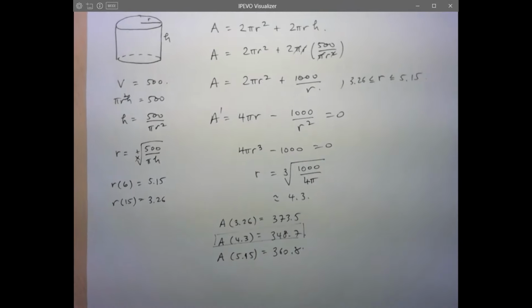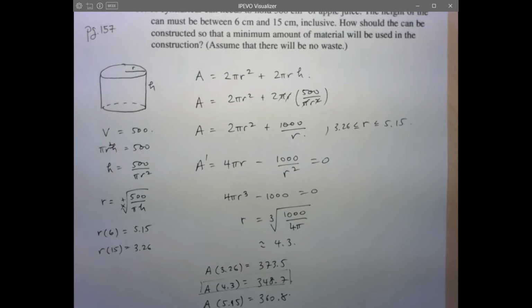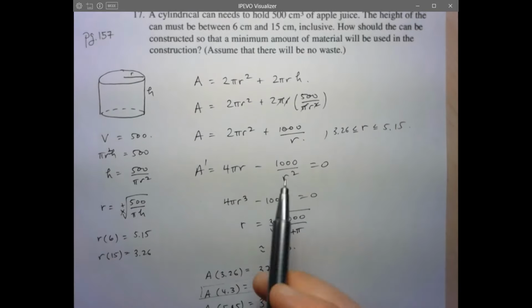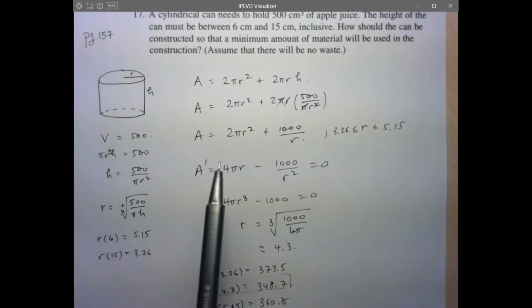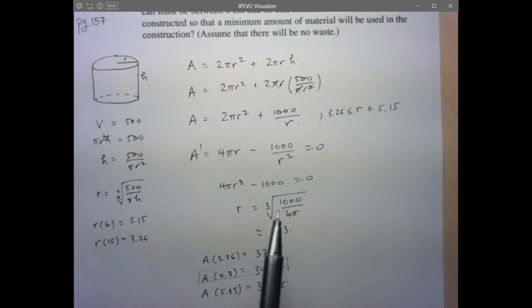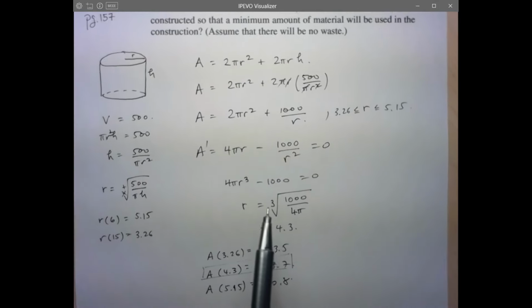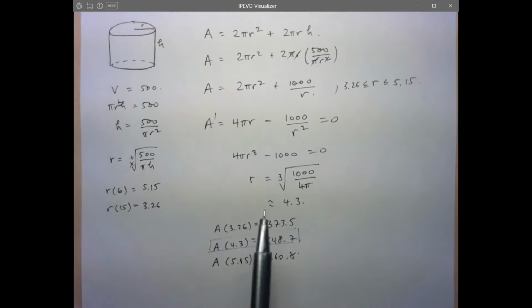All right, so now let's go back to the question and see what they're looking for. And it says, how could the can be constructed so that it uses the minimum amount of material? So to me, that sounds like the dimensions, because that's what you would use to construct it.